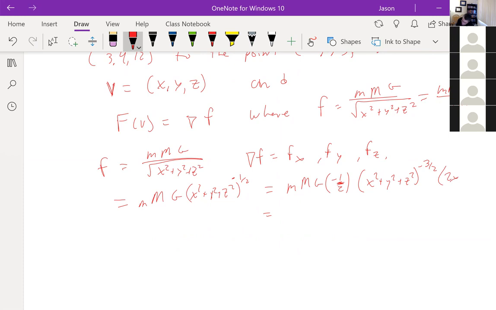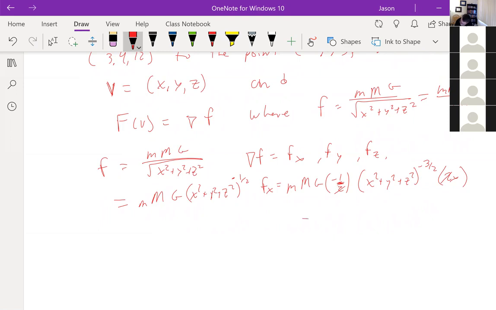If I take my derivative with respect to x, so f sub x is going to be this guy. Again, the 2's cancel out. I get a negative, and it's negative 3 over 2.